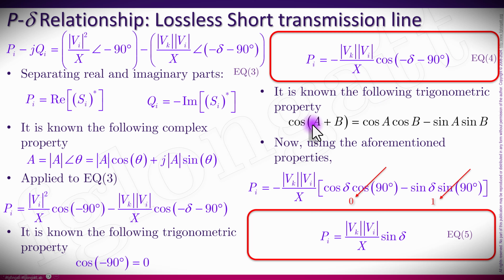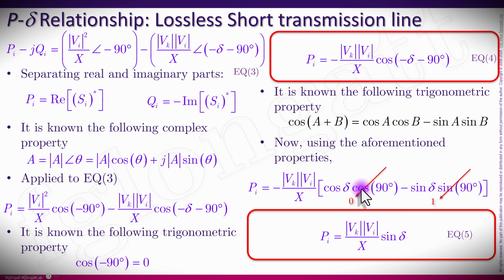The next step is I would like to simplify this cosine, and what I will use is a very simple trigonometric property: the cosine of the sum of two angles is equal to the cosine of the first multiplied by the cosine of the second, minus the product sine A sine B. Applying this property to equation number 4, you will realize that inside this square bracket you can see cosine of delta multiplied by cosine of 90.